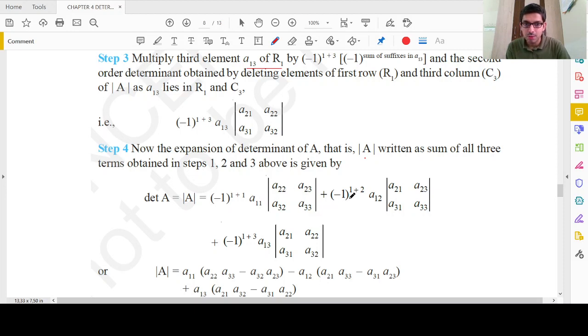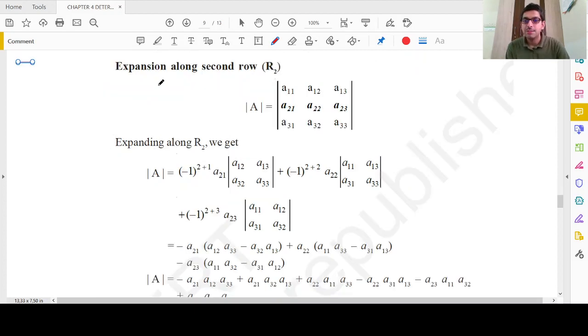Then plus minus 1 to the power 1 plus 2, A12, the determinant obtained by deleting first row and second column. Then finally minus 1 to the power 1 plus 3, A13, the determinant obtained by deleting first row and third column. Now in the same way we can expand along any other row or any other column.